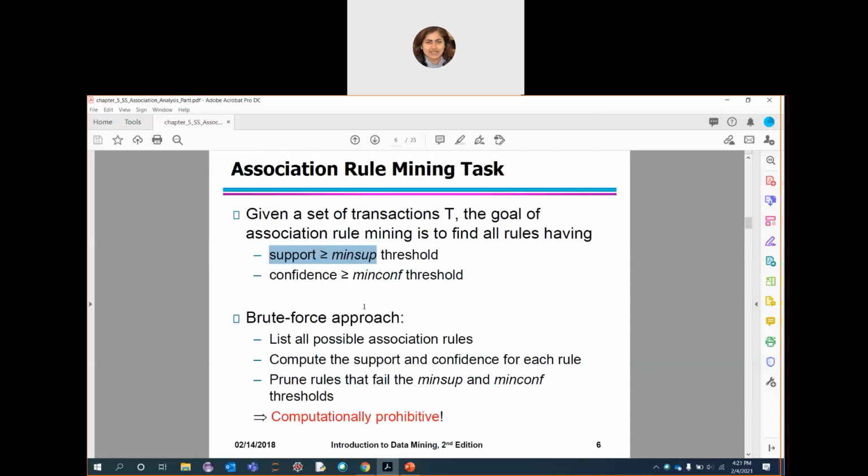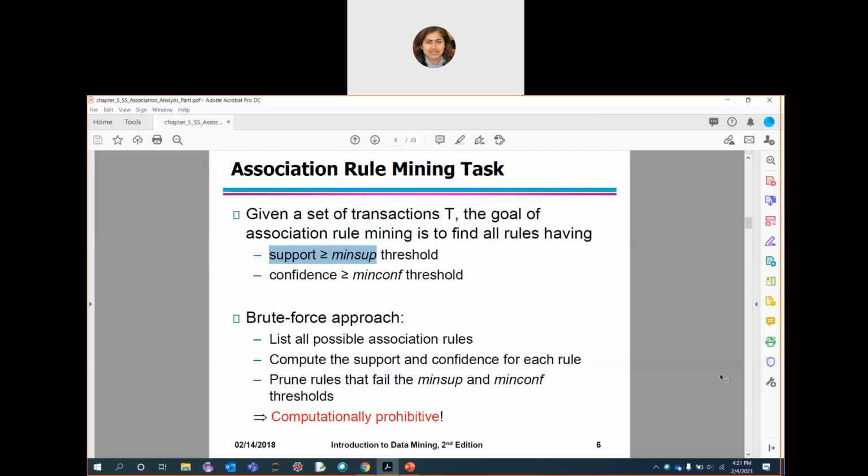A brute force approach for mining association rules is to compute the support and confidence of every possible rule. This is computationally expensive, and the effort may increase exponentially.